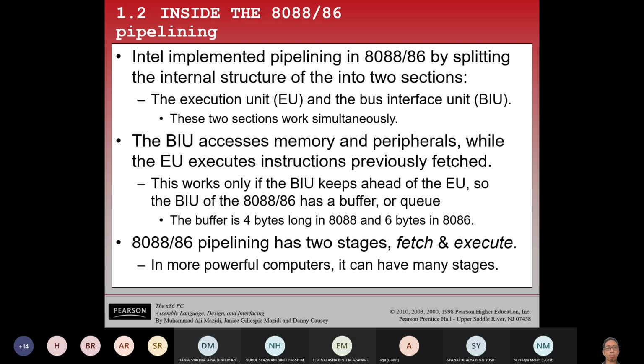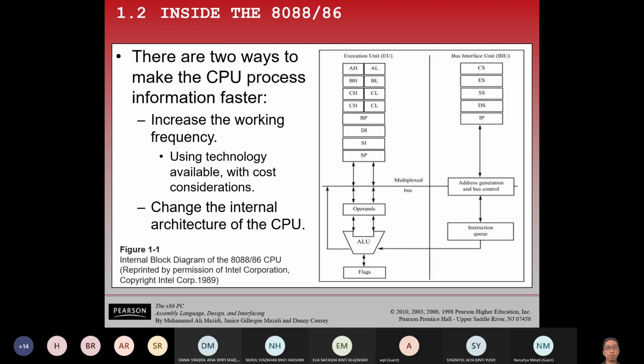If you look back here, you have the bus interface unit over there, and this is your execution unit. So it is separated between those. Before, the execution unit and bus interface unit were combined, so that's why pipelining technology wasn't possible. But when you do the separation, now it is possible.